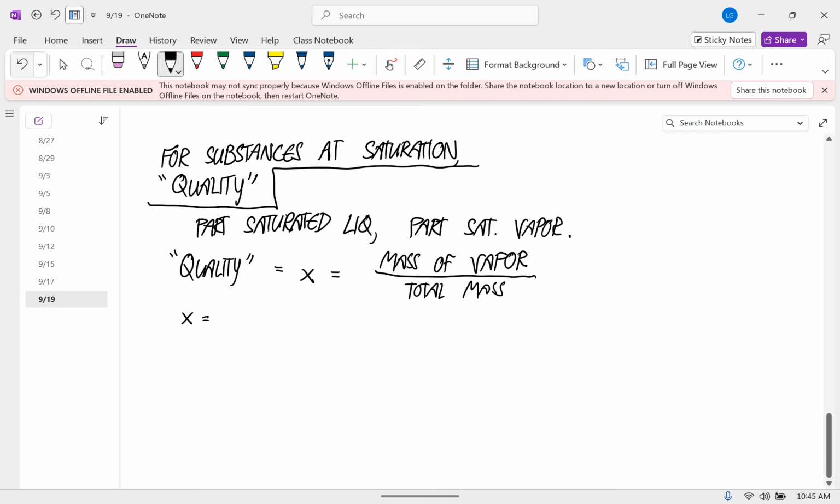So x equals 1 is all saturated vapor, x equals 0 is all saturated liquid, and anything between 0 and 1 tells you the fractions of the two.